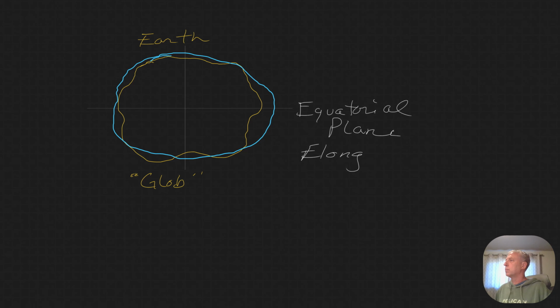Elongated. And it's slightly shortened or compressed in the plane of the spin axis. And it's compressed there. So that's where we get the ellipsoidal shape.